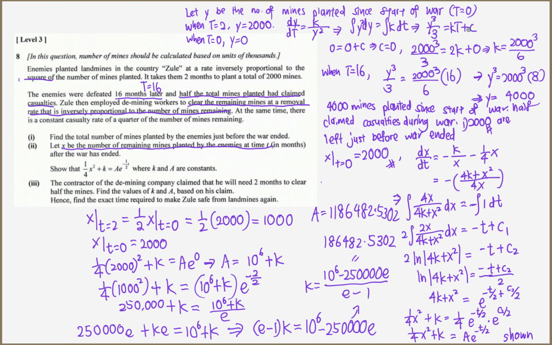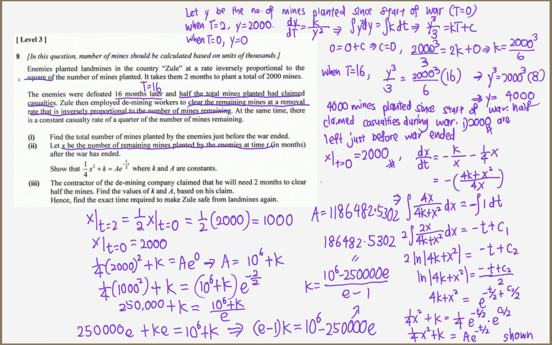So from here we make use of the earlier information given. When t equals 0, y is 0, so 0 equals 0 plus c, therefore c equals 0. Another thing is that when t equals 2, y equals 2,000, so I just substitute 2,000 into this equation.